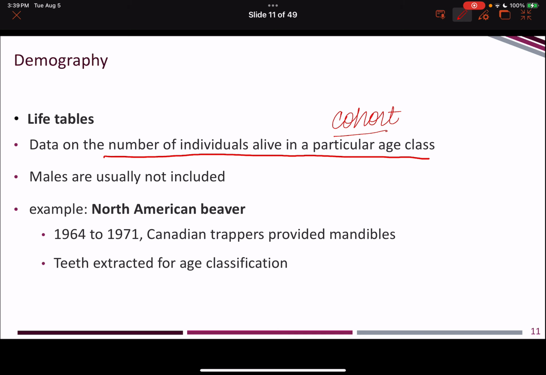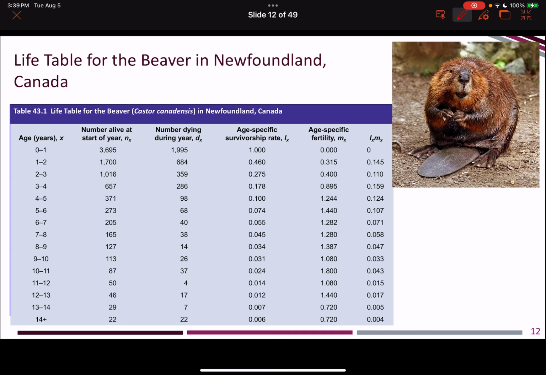And so these animals were tracked for a little less than 10 years. And this chart here is an example of beavers in Newfoundland, Canada. So this chart is the life table for the beavers in this study. You can see we've got these age groups here on the left.